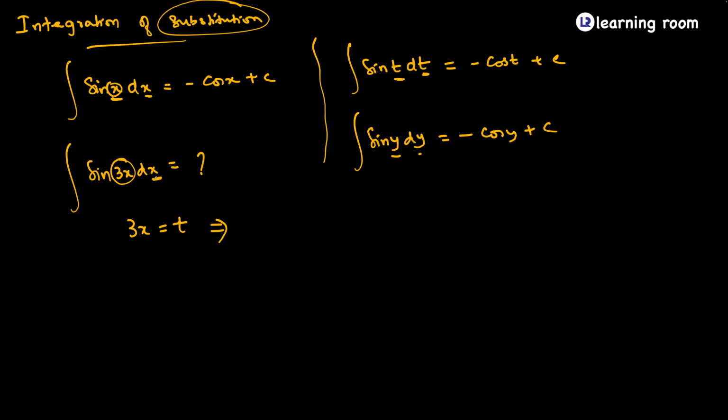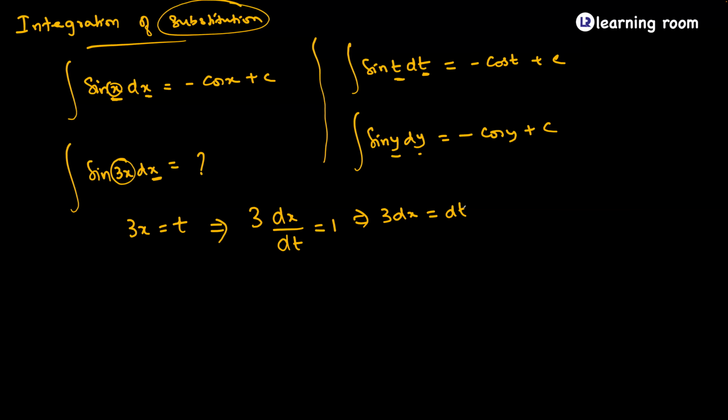When you differentiate with respect to t on both the sides, 3 times dx by dt is equal to the derivative of t, which is going to be 1. So to put it simply, can I say that 3 times dx is equal to dt? Means when 3 times x is equal to t, 3 times the change in x is equal to the change in t. That is the meaning of it.